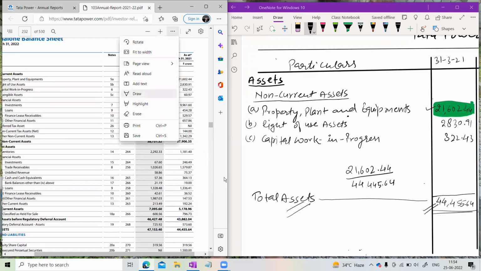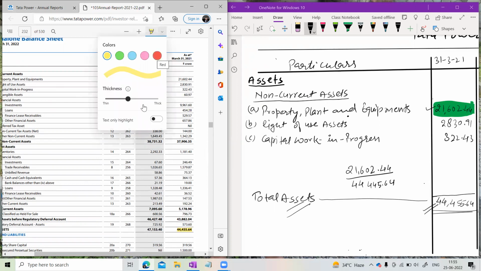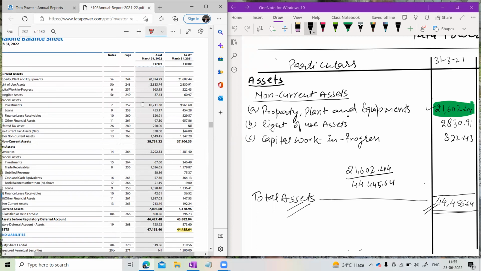I'm going to highlight that. I'll have to change the color. Now you can see that this is the highlighted portion where you see the total assets, and these are the total assets that have been written here.